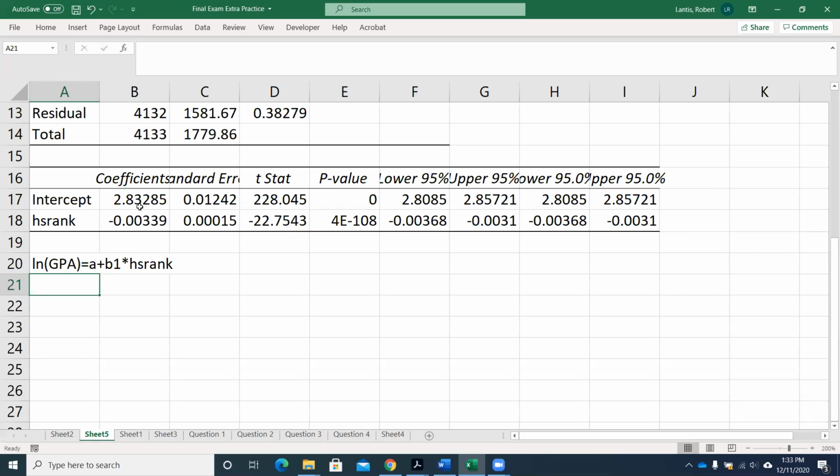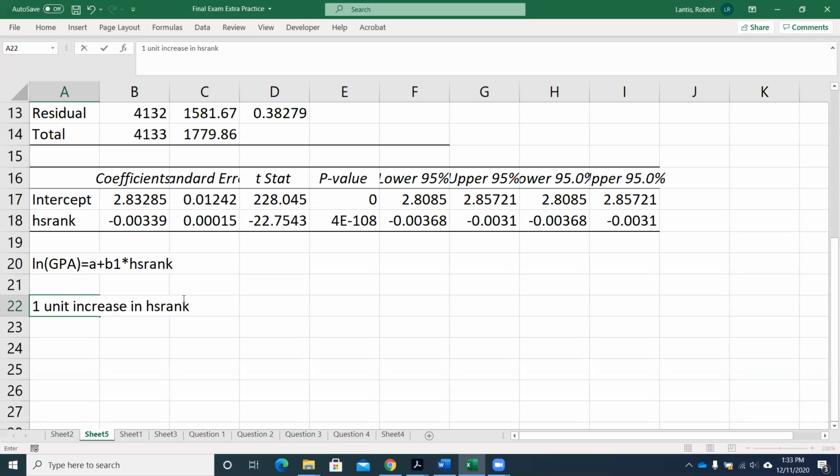If we're thinking about the effect here, you start out these interpretations usually with a 1 unit change, but when we start to use natural logs, it could be a 1% change. But the change in the x variable is always whatever that x variable is. Here we didn't touch it, so the interpretation is still a 1 unit increase in high school rank.